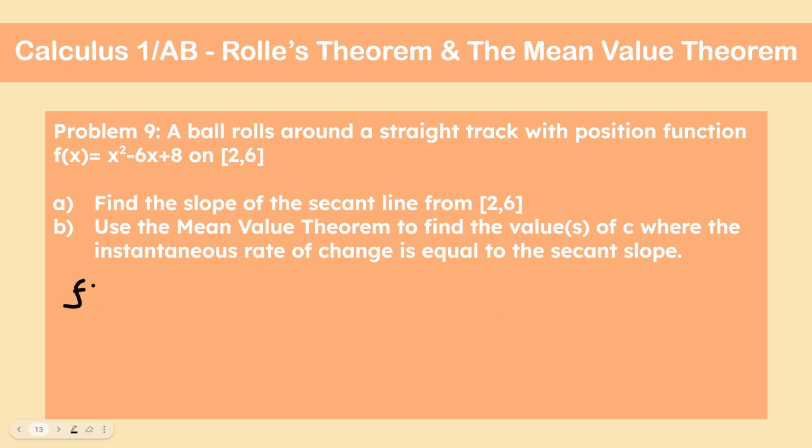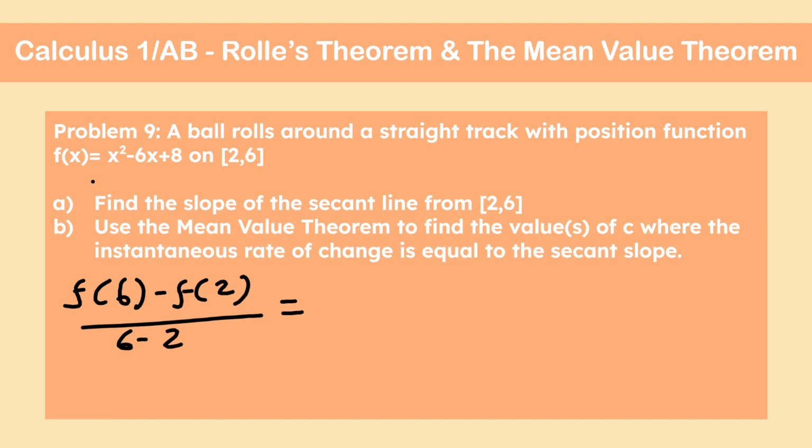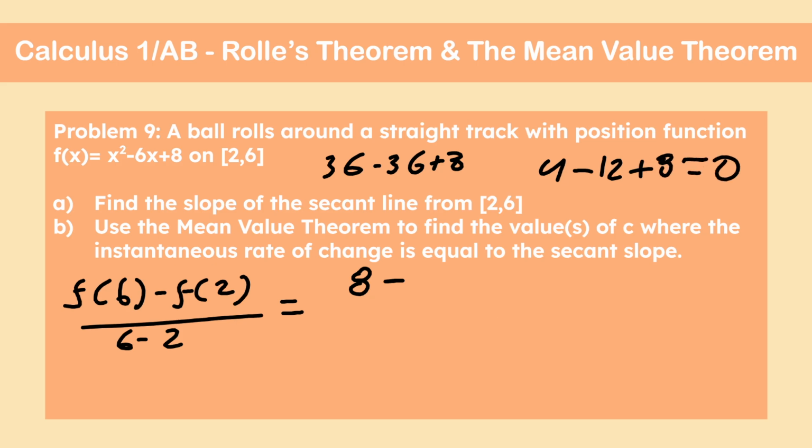So we have f of 6 minus f of 2 over 6 minus 2, and f of 6 will be 36 minus 36 plus 8, so this is equal to 8. f of 2 is 4 minus 12 plus 8, and that cancels out to be 0. And 6 minus 2 is equal to 4, and we got that the slope of the secant line will be equal to 2. So that's the answer to part A.